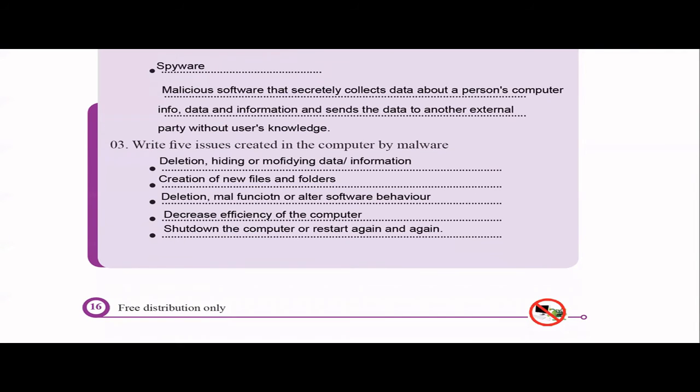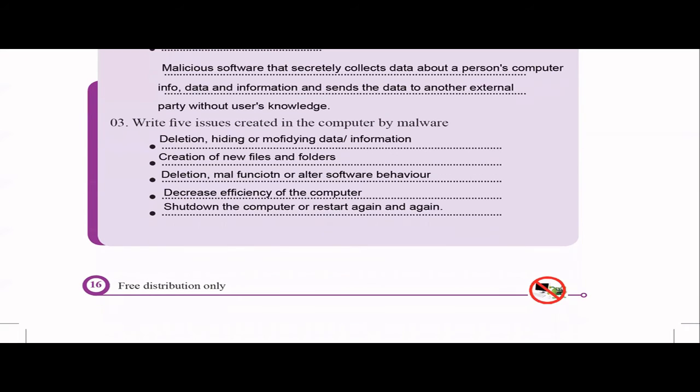And then sometimes your software can be deleted, malfunction, or be altered. The efficiency of your computer can be reduced. Sometimes your computer can be very slow. And sometimes the computer just restarts or shuts down without any user interaction. It just restarts, right? So those kinds of malfunctioning can be seen.